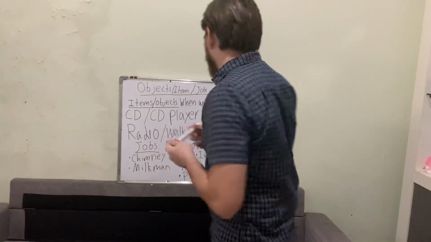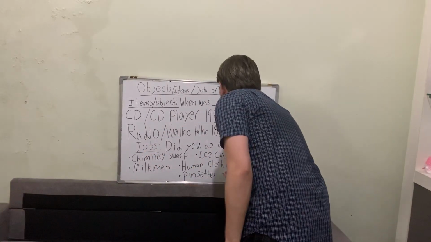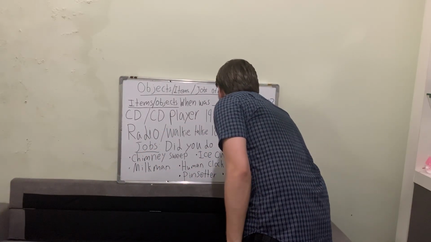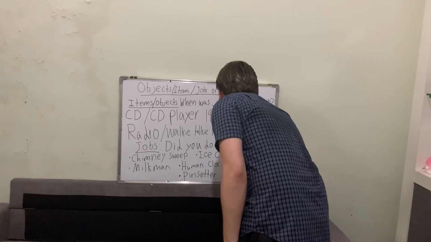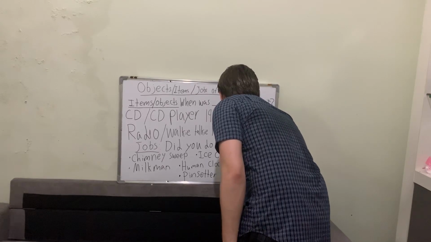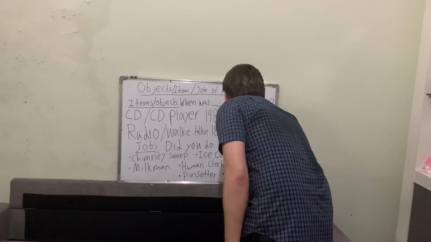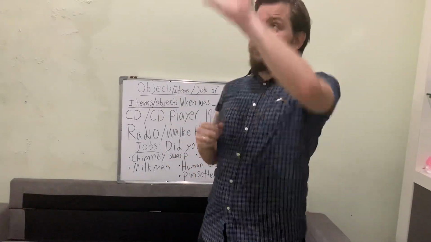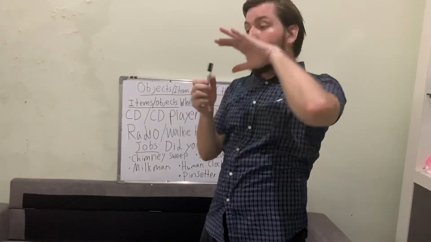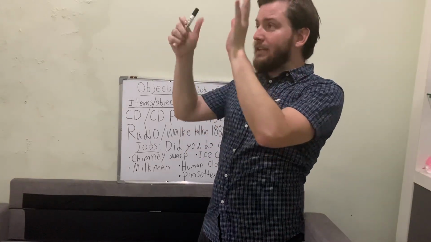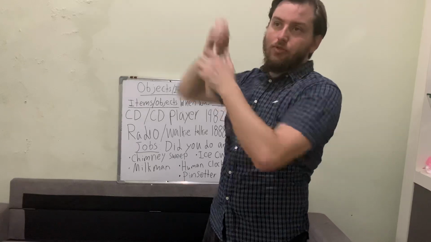And lamplighter. Sure, no one. These are all old school jobs. I don't expect any of your parents, maybe not even your grandparents, to have seen a lamplighter. Lamplighter, used to be no lights. So they would light the lamp with a fire.